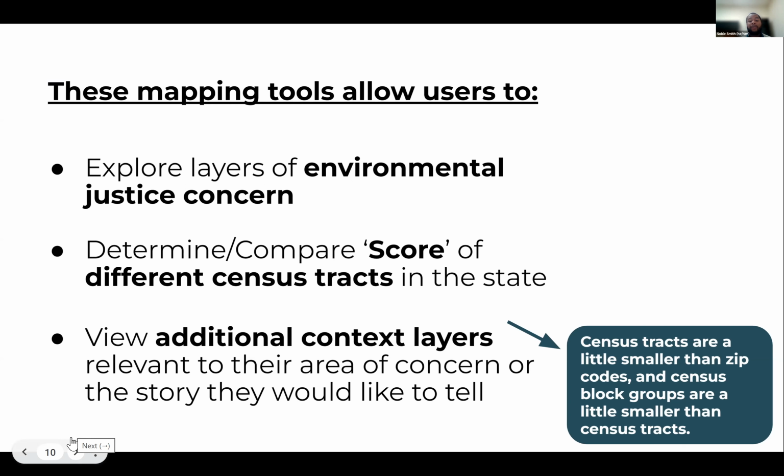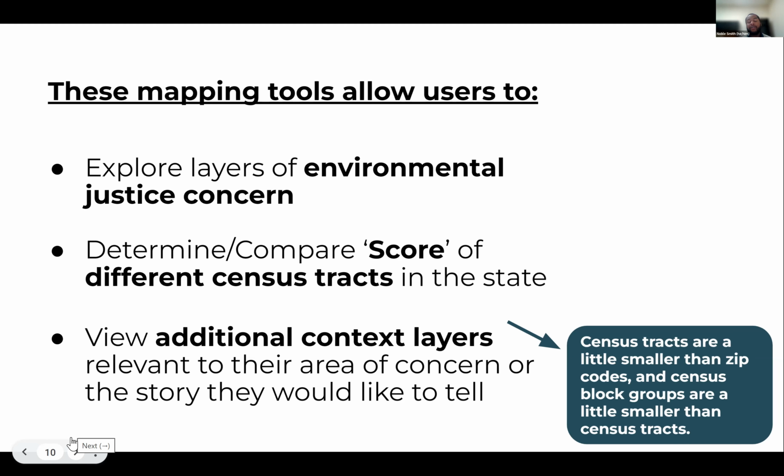They'll both use them. Mapping tools like MD EJ Screen and EPA EJ Screen are useful in understanding where the hazards are in a community, what sorts of concerns a community has, looking at, you know, is the air quality in this region able to sustain a new polluting facility? And what are the pollutants that most affect these communities?